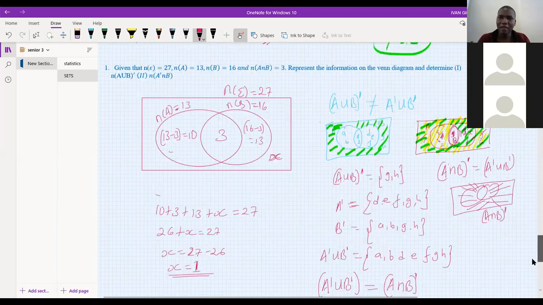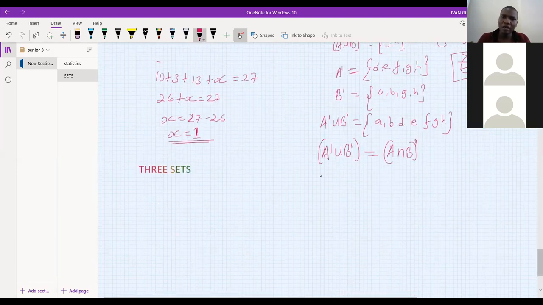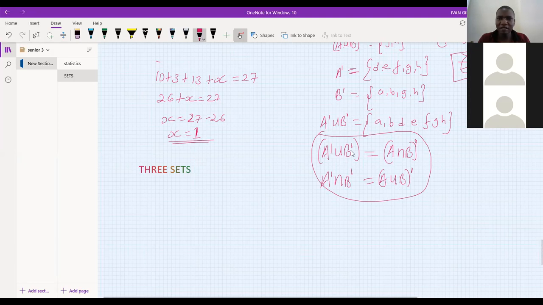Those two are the same. And also A complement intersection B complement is the same as A union B complement. I think you get the difference. These two are not the same. This one says A complement union B complement. This one says A complement intersection. Notice that the symbols joining them are not the same.